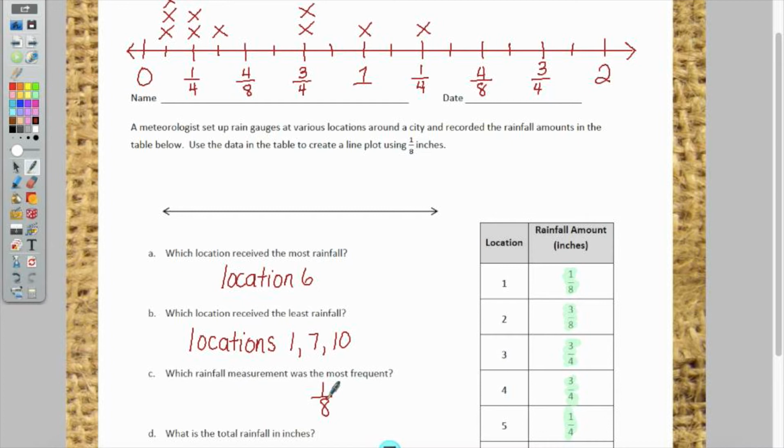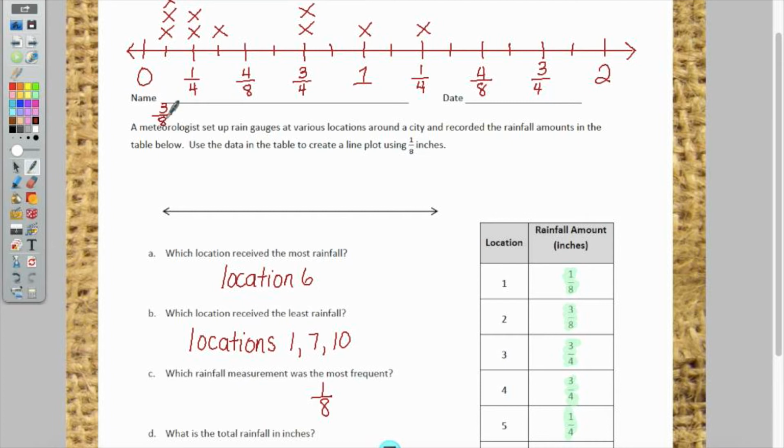Okay? Now it says what is the total rainfall in inches. So before we do that, I think we better write our totals underneath. Do you have room underneath to write your totals? If not, you can write them up at the top of the page where I'm writing them. So I've got 3 copies of 1/8. What's that? 3/8.